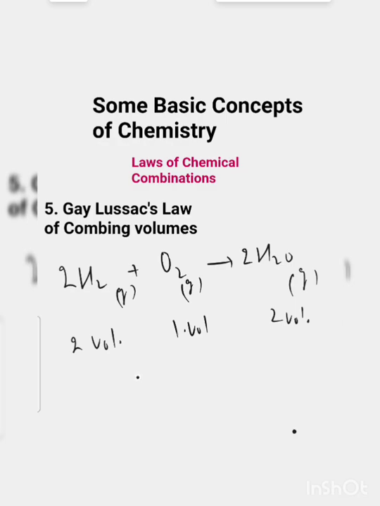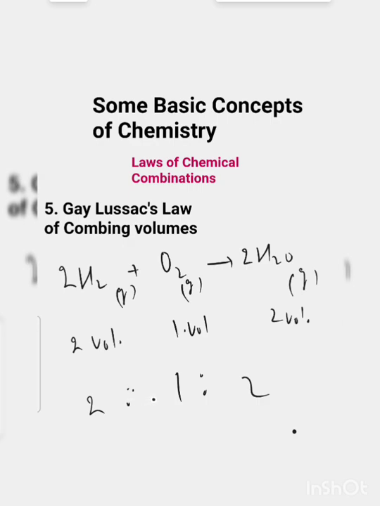Whenever gases react together, the volumes of the reacting gases will be in a simple whole number ratio with the volume of the product. So this is 2 volumes, this is 1 volume, this will be 2 volumes. So the ratio of all three gases here is 2 to 1 to 2.